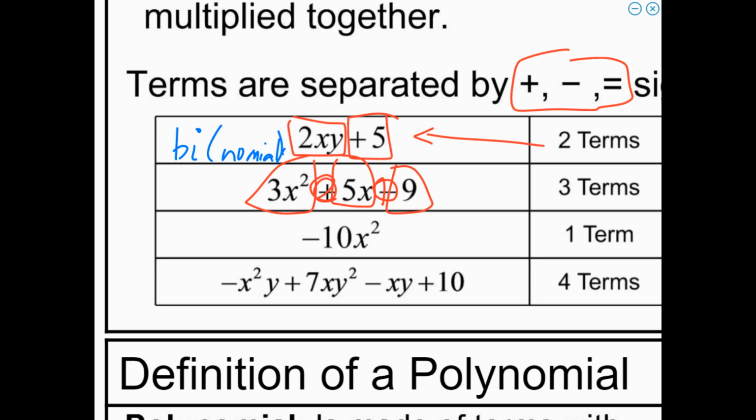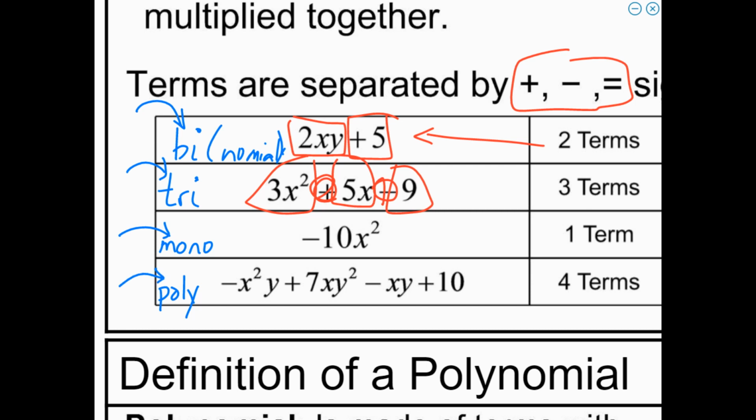And when it's 3 terms, what do we call it? Trinomial. When it's 1 term, it's a monomial, and 4 or more terms is a polynomial. So this prefix right here, we've talked about before.